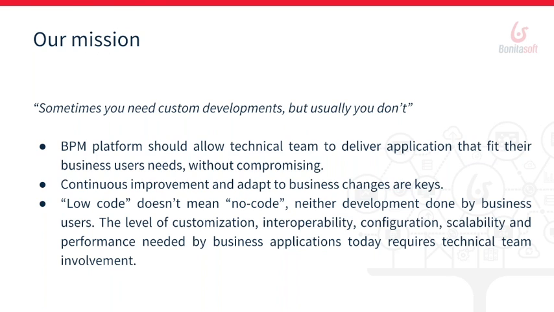The first version is never the final version. And you want a platform that is flexible enough to quickly modify it and release a new version. That can be on any aspect of the application. It can be on the logic part, the UI part, the integration part with other systems, the business rules part, the data model, reports, and so on. So any aspect of the application should be independent and should be easily updated.